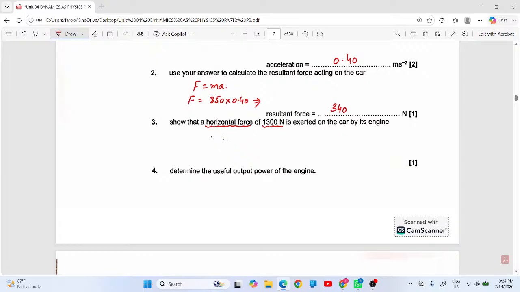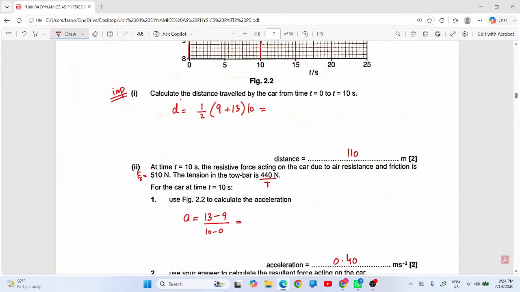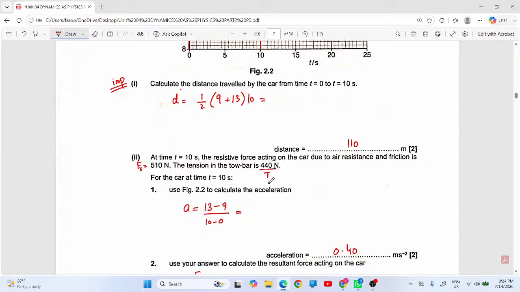One force we know is 340, plus, and which other force is acting? Engine. Yes, due to air resistance the force is 510 and the tension is 440.